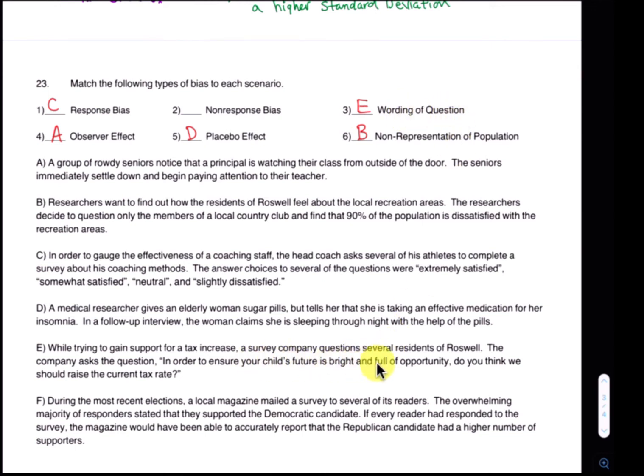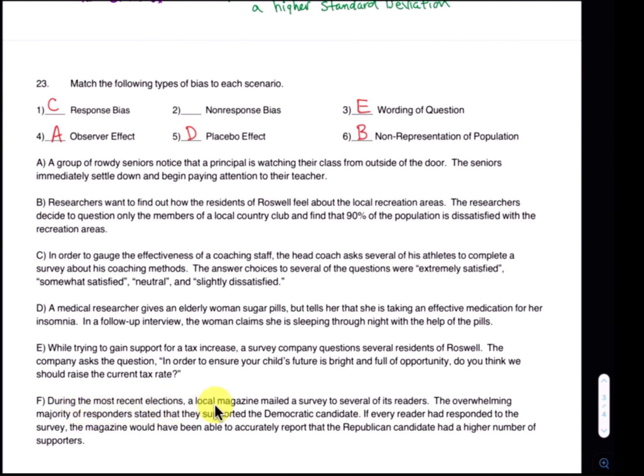It is worded in such a way that you want to answer in the affirmative of raising the tax rate. It makes it sound like you're doing it to benefit your child's future. All right, so E is number 3, wording of question. All right, and then the last one.